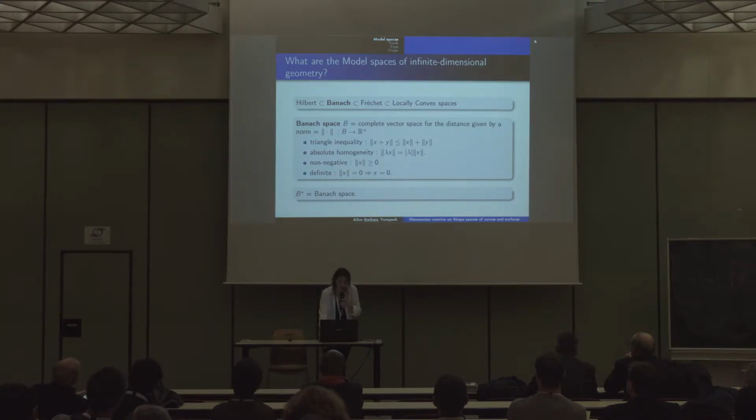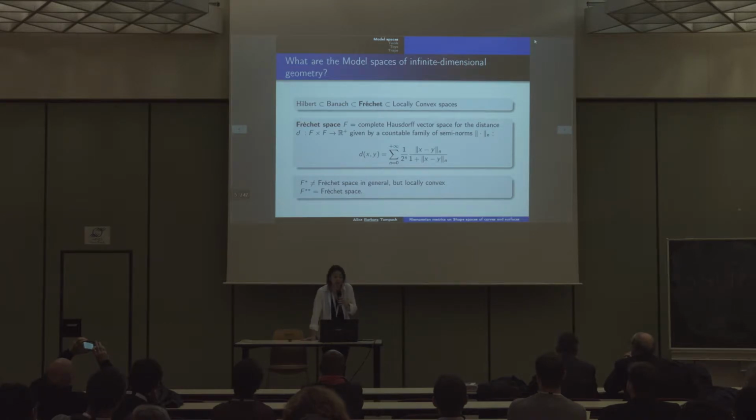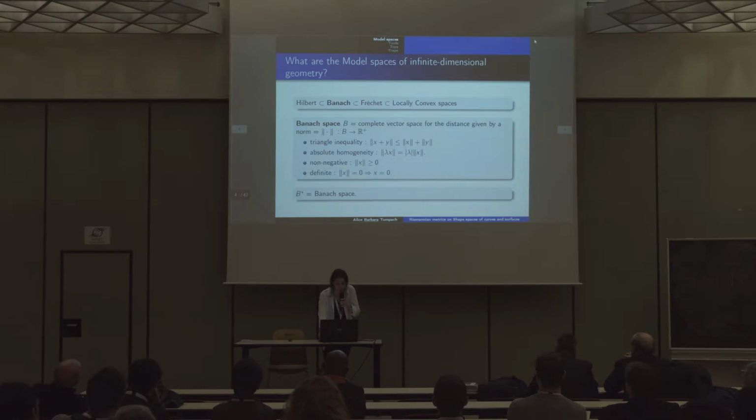Then we can generalize a bit to the Fréchet setting. A Fréchet space is a complete Hausdorff vector space for the distance given by a countable family of seminorms. In the definition of the norm, we assume the last point, which is that it should be definite.